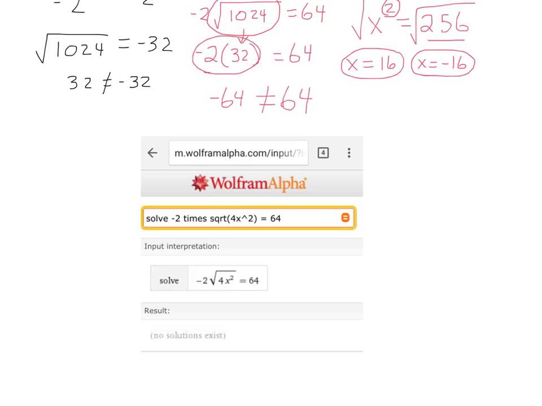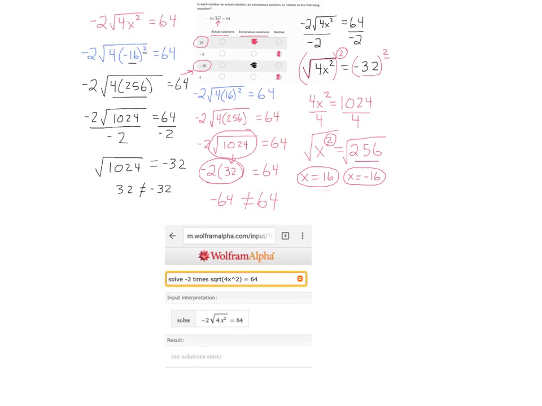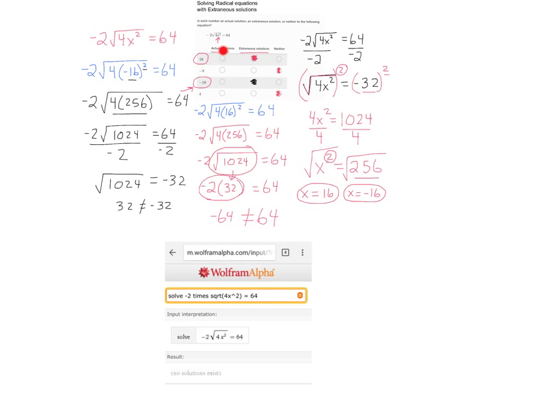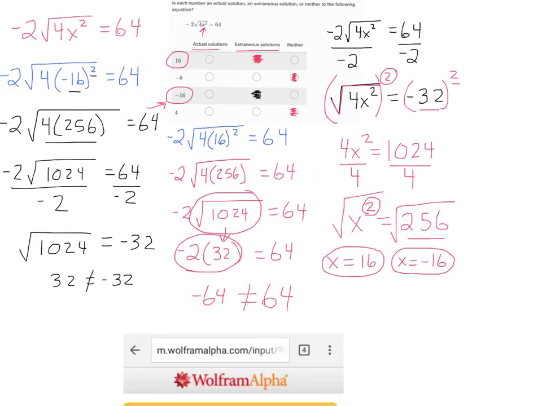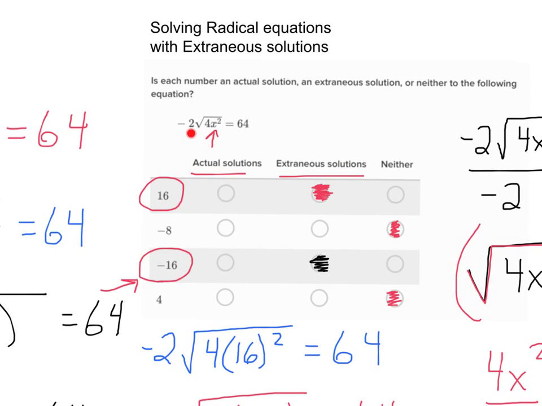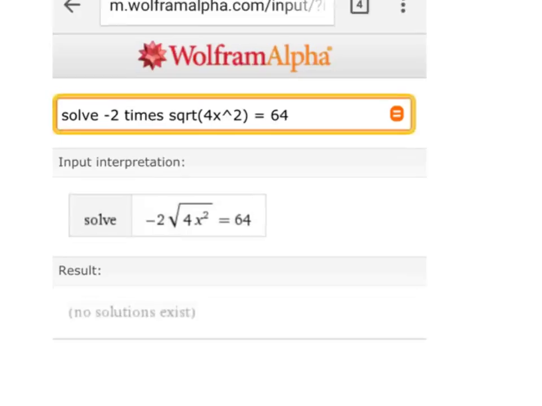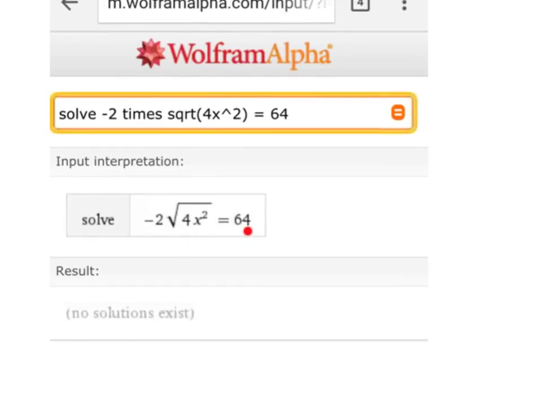So the two solutions we got were extraneous. Here's your original equation, and I'm going to zoom in on it for you: negative 2 times the square root of 4x squared equals 64. What we put in Wolfram Alpha is the same, and it tells us the result, no solutions exist.